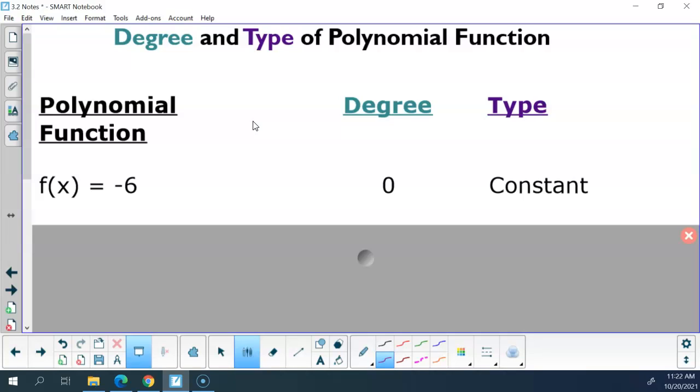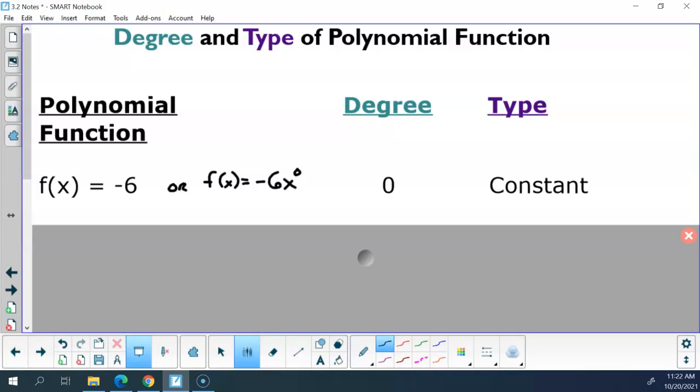If I were to write this as if it had a variable, it would have an exponent of 0. That's why the degree is 0. The biggest degree, or the biggest exponent, is 0.